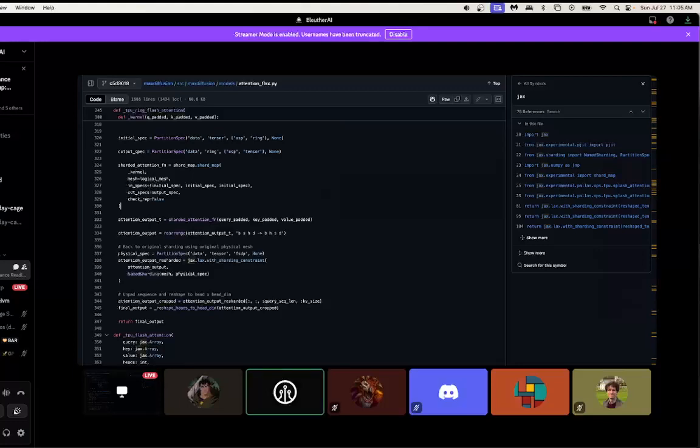Okay, and that's for the input shardings, and then for output shardings you just have one. I'm a little confused why there are three input specs but only one output spec. Because the input for the attention is three tensors, and there's just one output. Okay, got it.